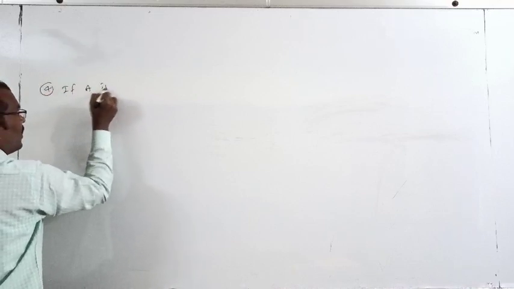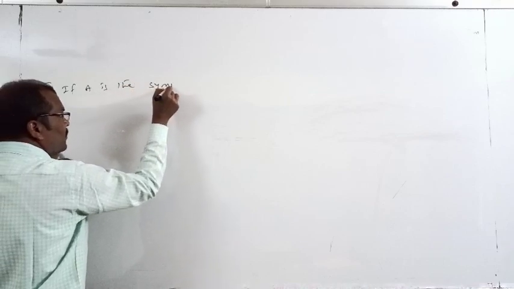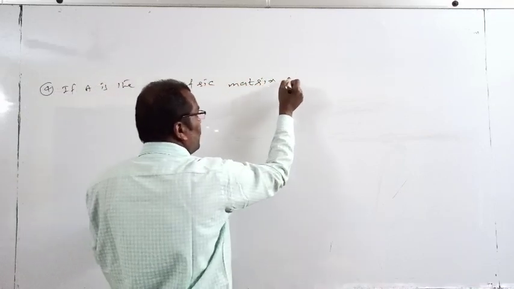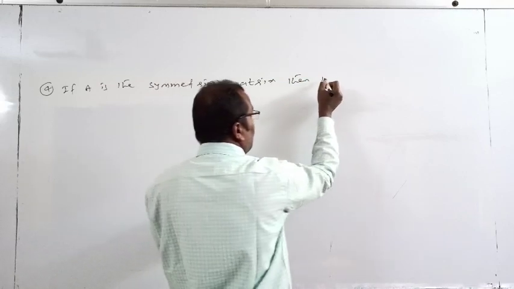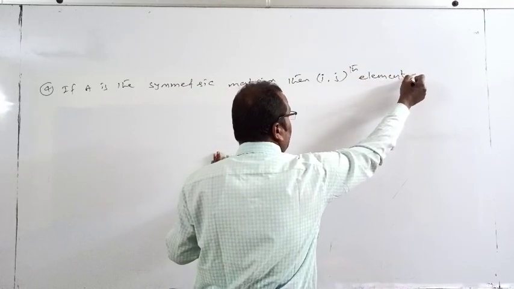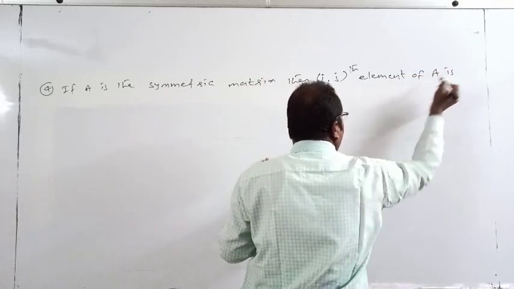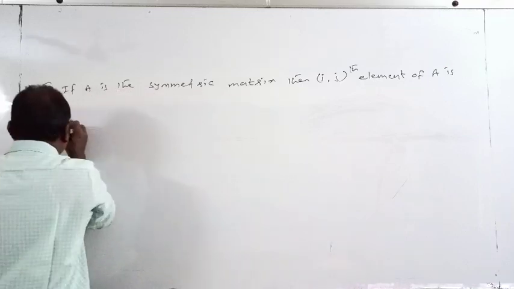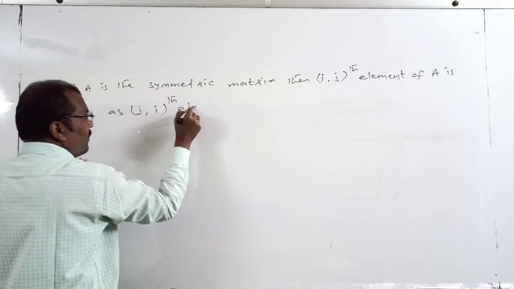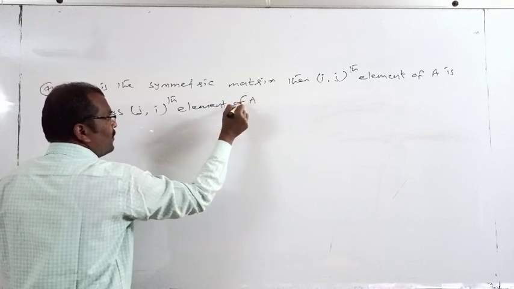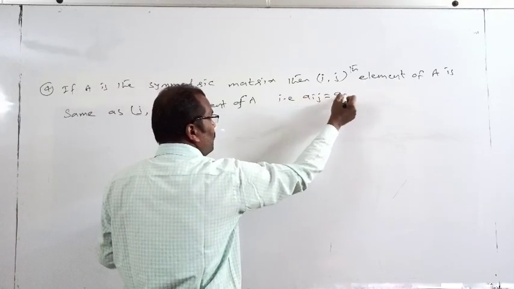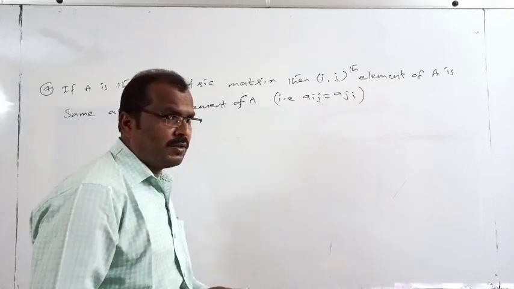If capital A is a symmetric matrix, then the i comma j element of A is the same as the j comma i-th element of A. So that is Aij is equal to Aji.